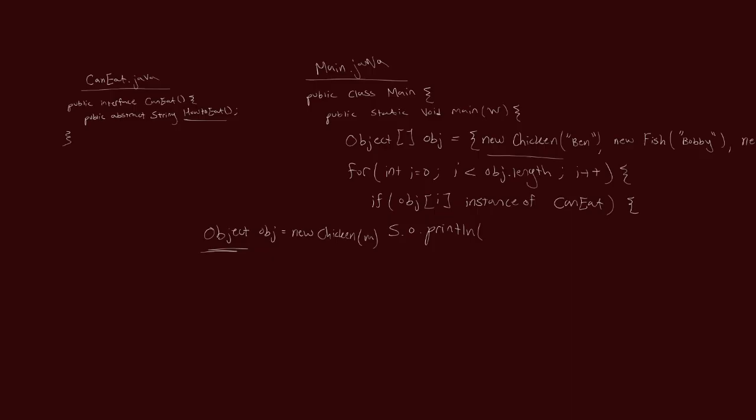The problem is this object, so we have to find a way to change it from object to can eat. How we can do this is do a cast. So we do can eat. That way, we will be able to look into here, and then obviously we put obj, and then we put the i value here. Oh, and then we include the method name. So we do dot how to eat.